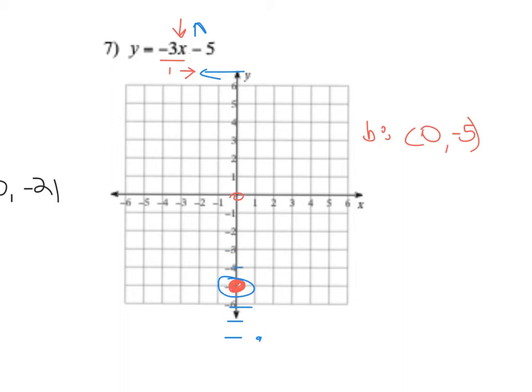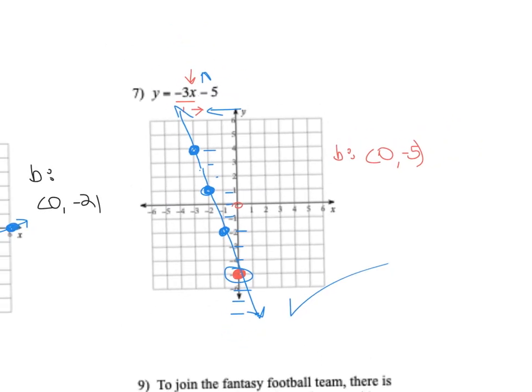So I'm going to go up 3, left 1, keep going, up 3, left 1, up 3, left 1, and then that's as many points as we can get. I'll draw my arrows to represent that my line goes in infinite directions, or infinite ways in each direction, and that would be my correct line from that.